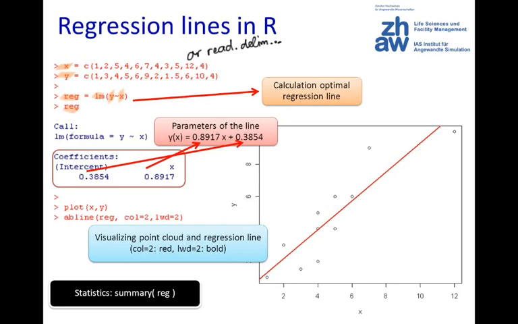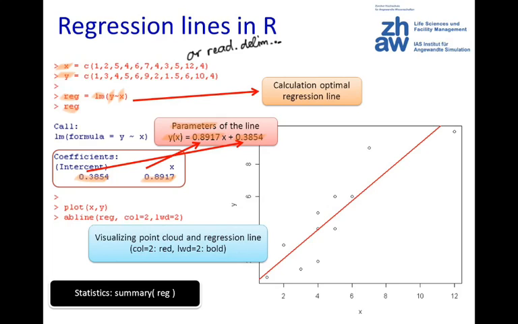What we see are the parameters of our regression line. The intercept is the offset, the y-Achsenabschnitt, and the value of the coefficient is the slope, Steigung. Mathematically speaking, we have a function y of x equal to 0.89 times x plus 0.39. This corresponds to the red line we see here.